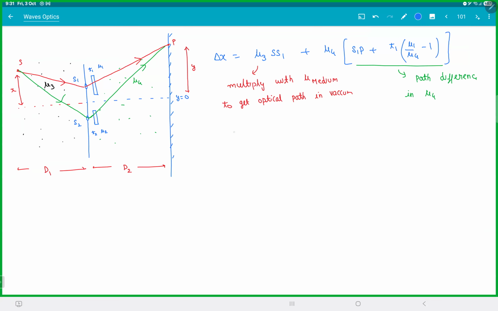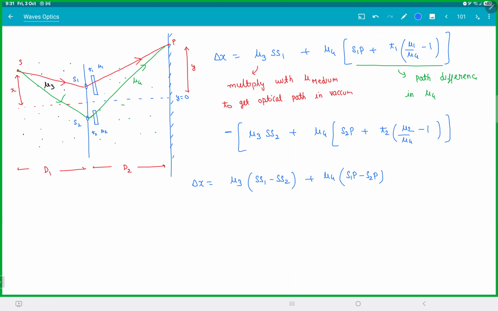And this whole thing minus, now this will be mu3 SS2 plus mu4 S2P. I should have written reverse, but okay. This will be T2 mu2 by mu4 minus 1. So from here we get delta X will be mu3 (SS1 minus SS2) plus mu4 (S1P minus S2P).